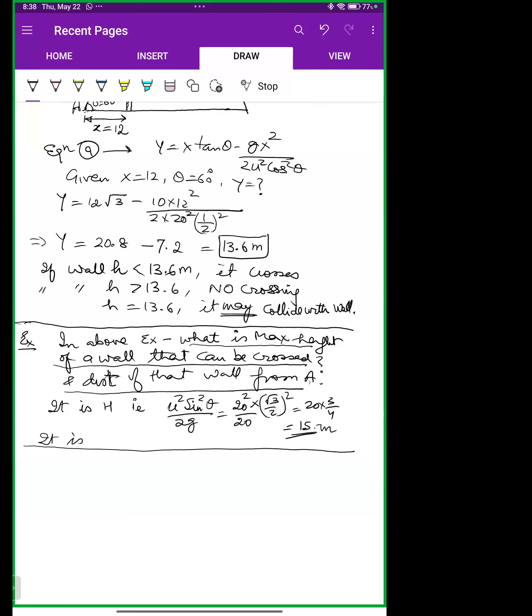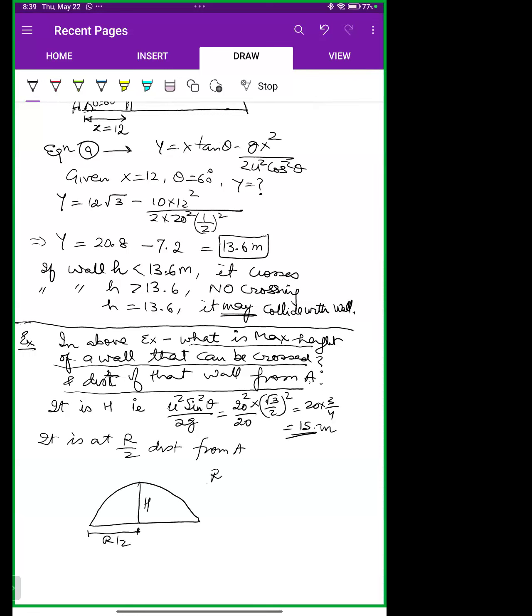It is at r by 2 distance from A. This is h and it happens at r by 2.